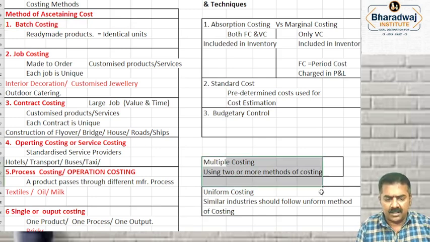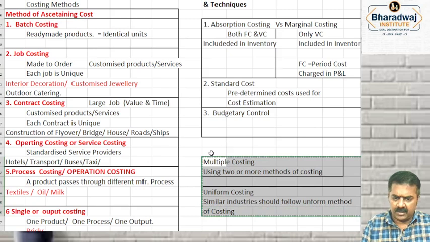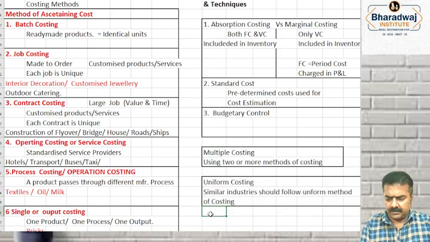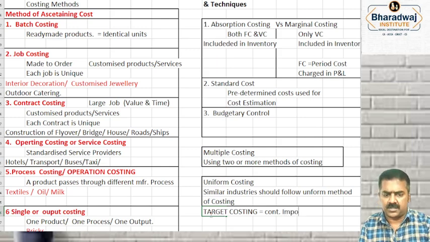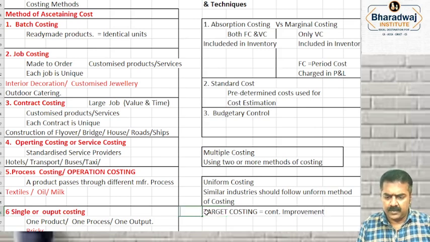That we call it as target costing. That we call it as which one? Target costing. What is target costing? It is a process of continuous improvement, where we want to achieve the lowest possible cost. In Japanese term, they use the word kaizen.